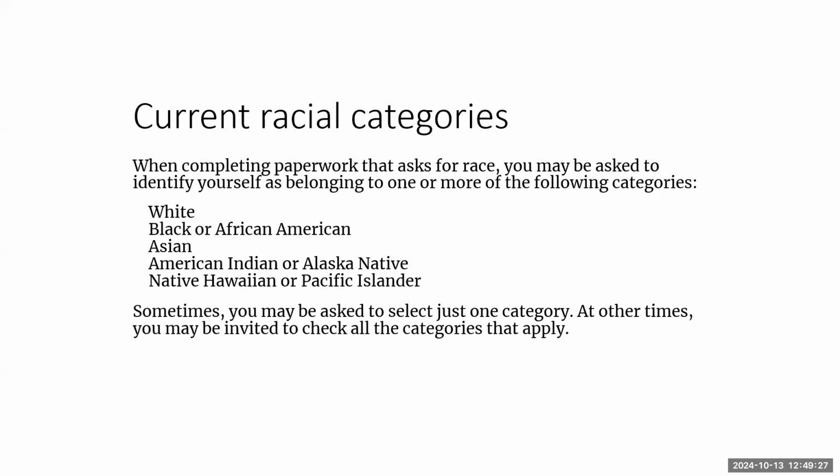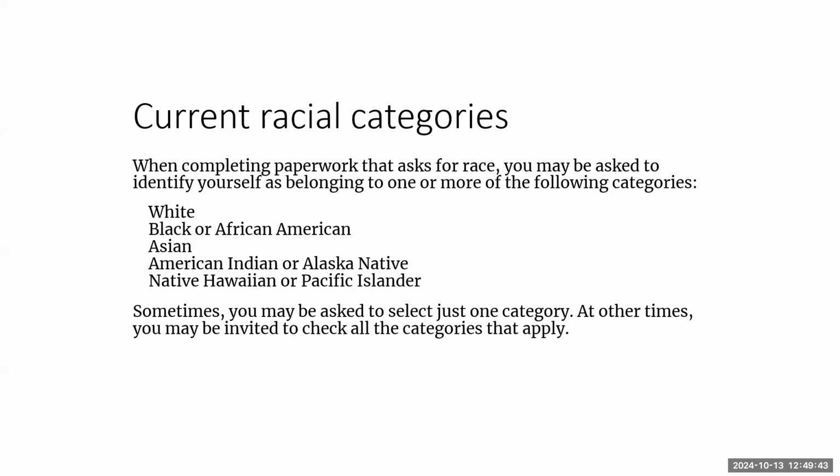So let's go back to this whole race idea. If you were completing paperwork for race, one of these categories would probably be a category you were asked to check off. Sometimes you're asked to select just one, but sometimes you can check any categories that apply.